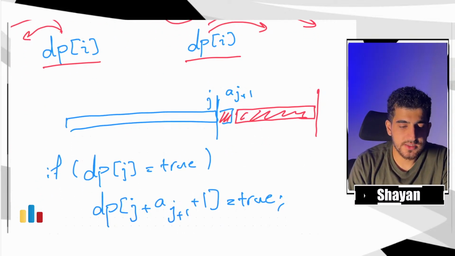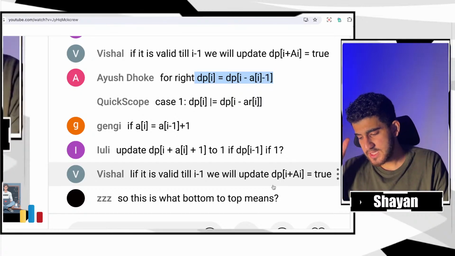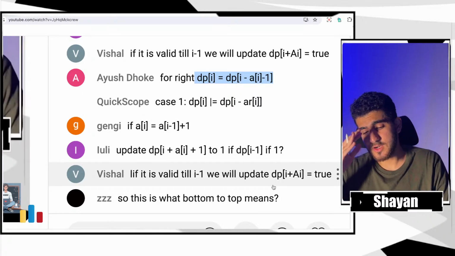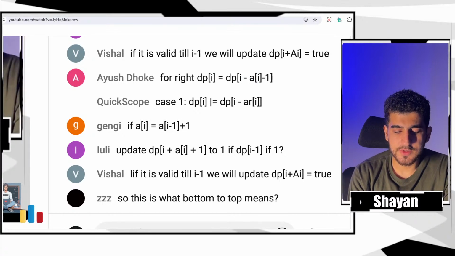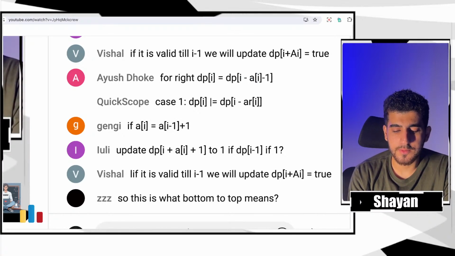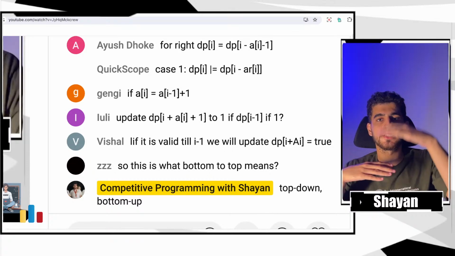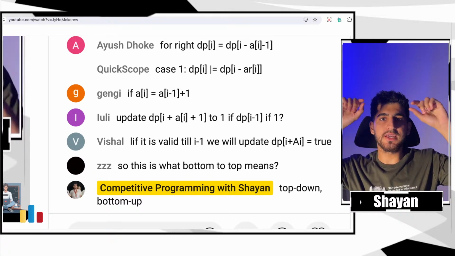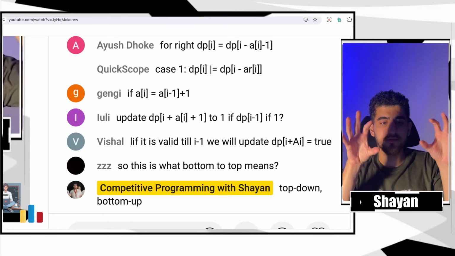About your question, that's what bottom up means. There are two ways to calculate dp, top down or bottom up. Top down is the recursive way. When we have a big dp and we split it into smaller ones and then recursively call them, and they will be calculated.